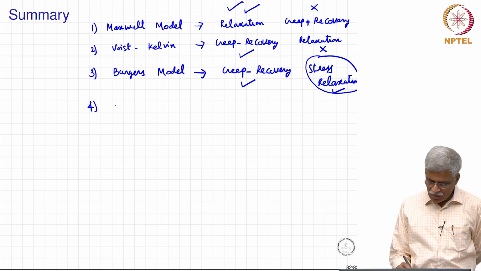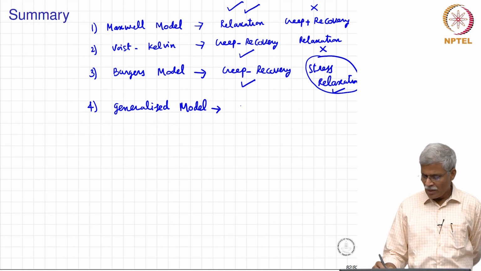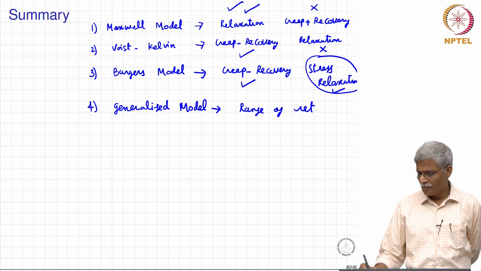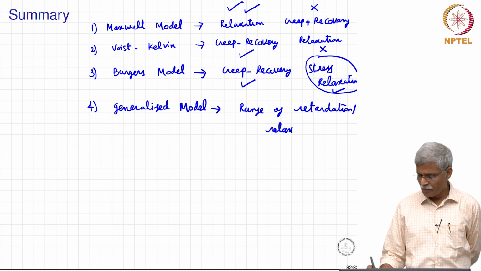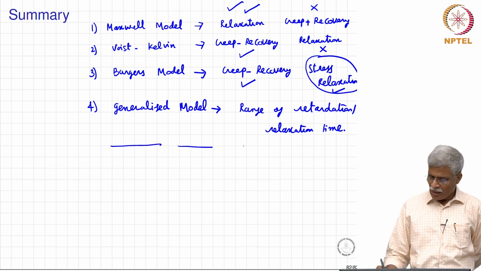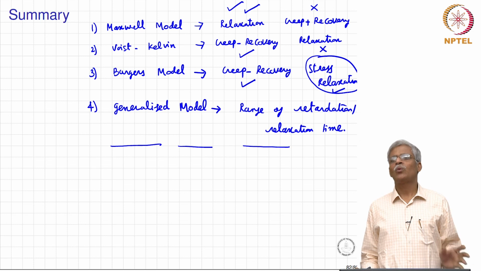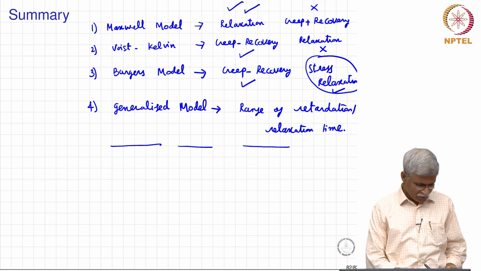We also talked in terms of generalized models, especially when we want a range of retardation or relaxation times. Okay. So, this is the summary that I wanted to say here. This will more or less help us later to try and see how one can use the response of this material to describe different kinds of scenarios. Thank you.